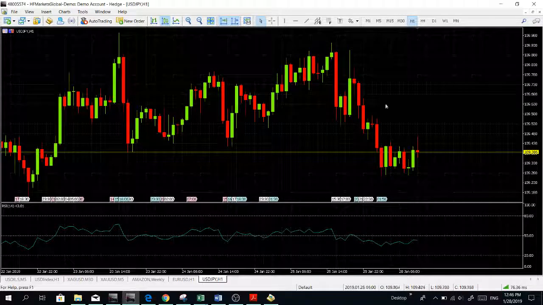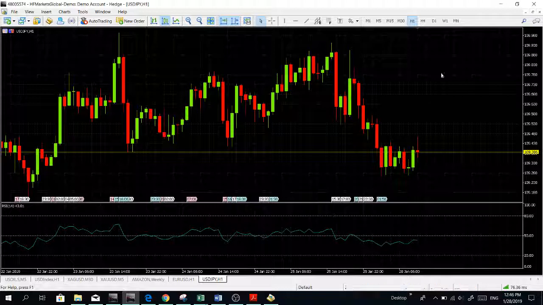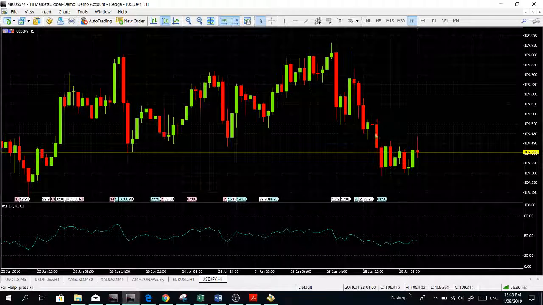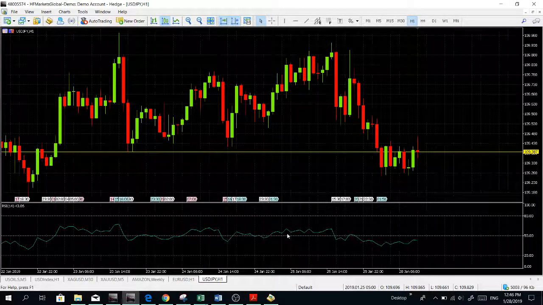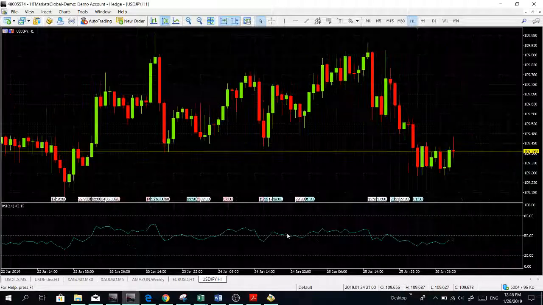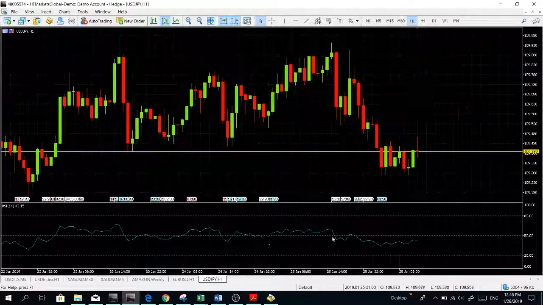So here we go. The RSI is usually good for showing when the market is overbought or oversold. If we go back, you can see that.